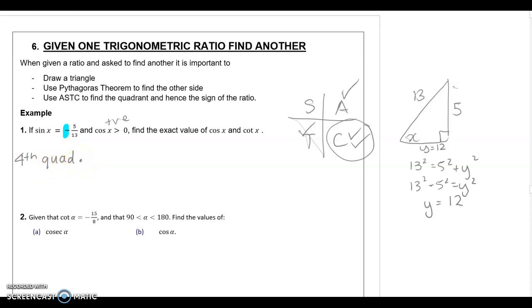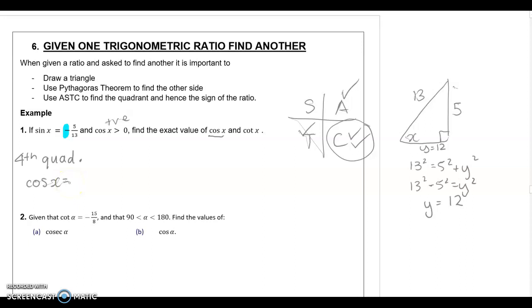Okay, so we've just selected that first part of the question. We know sine of x, we know it's negative, we've got a value, we've found our third side of the triangle, cos is positive. Now it says, find the exact value of cos of x and cot of x. Well, let's break it down again and let's find cos of x. Now, that's a nice and easy one. Cos of x, we're in that fourth quadrant.